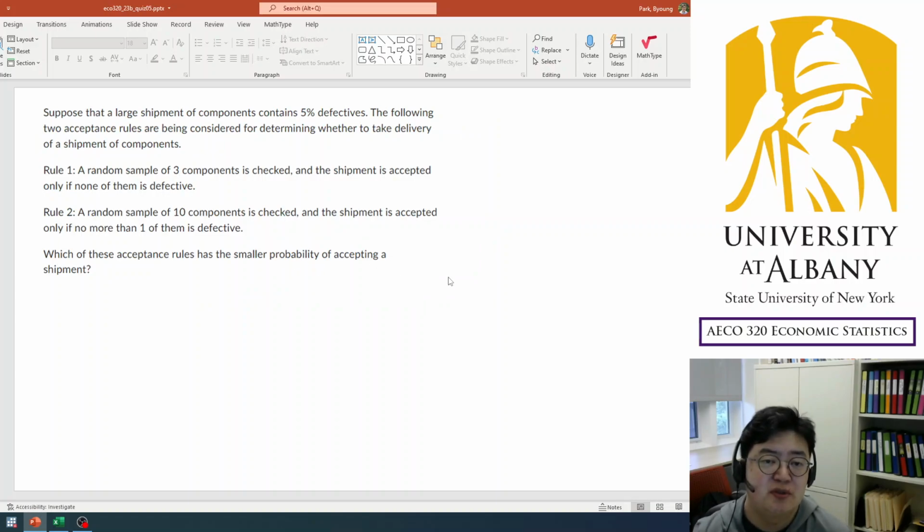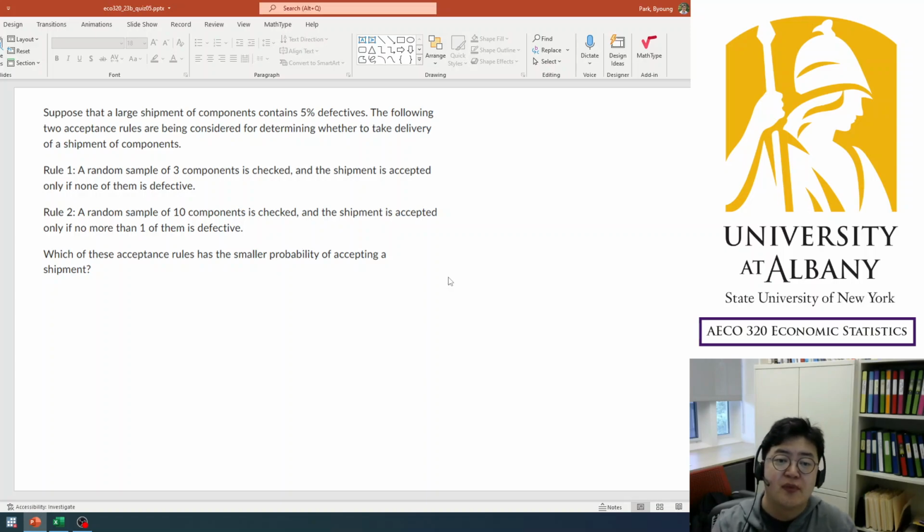Next question. Suppose that a large shipment of components contains 5% defectives. The following two acceptance rules are being considered for determining whether to take delivery of a shipment of the components. So you are comparing two different rules. Rule 1: a random sample of 3 components is inspected, and the shipment is accepted only if none of them is defective.